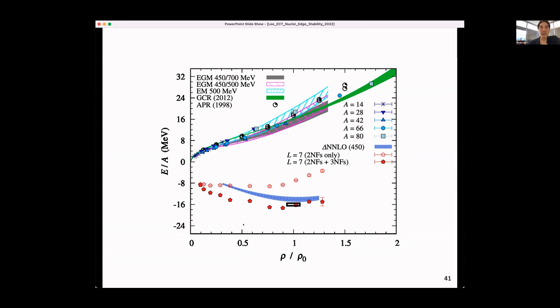I should mention that our interaction is qualitatively different from other calculations. So for example, here's the delta-full N2LO calculation by the Oak Ridge-Gothenburg group, which gives this curve here. Our results are qualitatively different because we do unconstrained lattice simulations. We actually get phase separation at low densities.